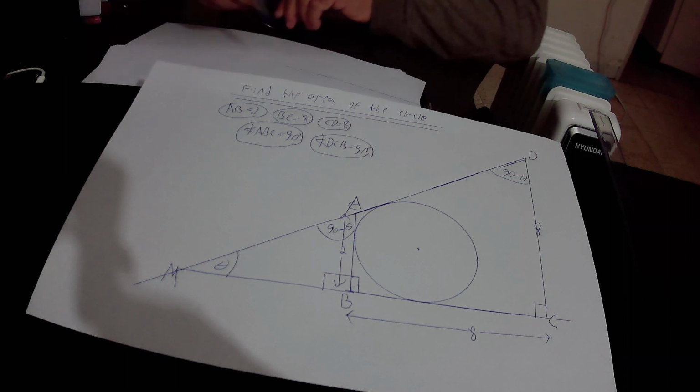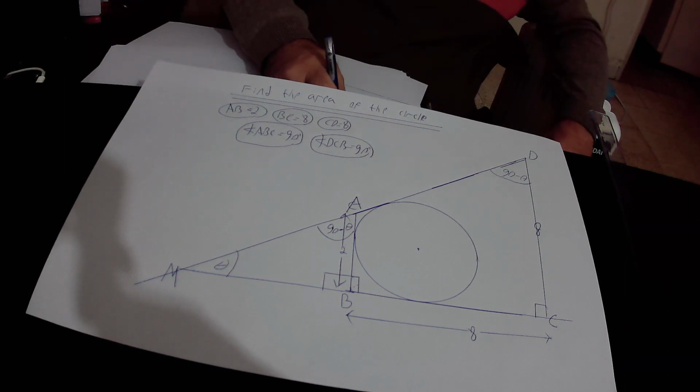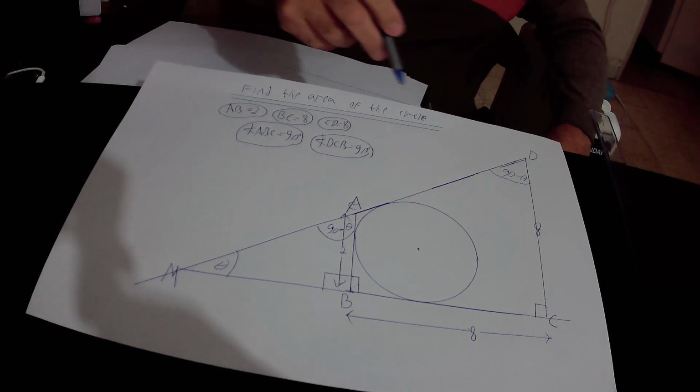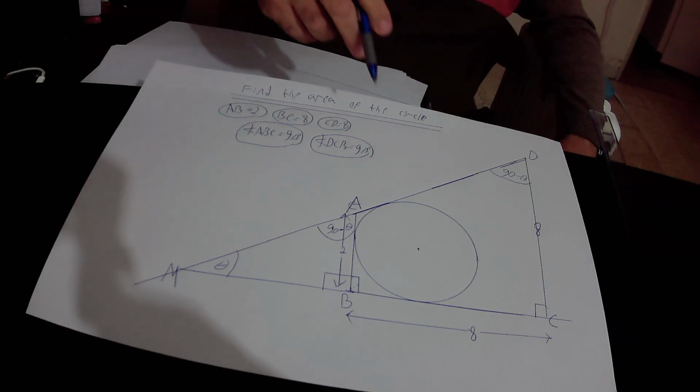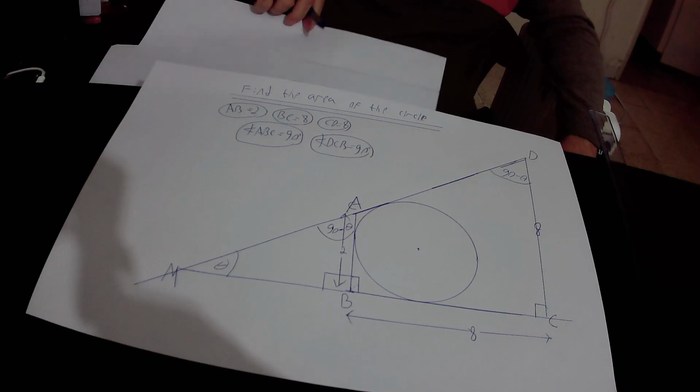So we actually proved that all the three angles in the big triangle are correspondingly equal to all the three angles in the small triangle.